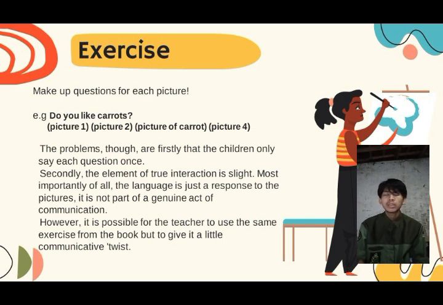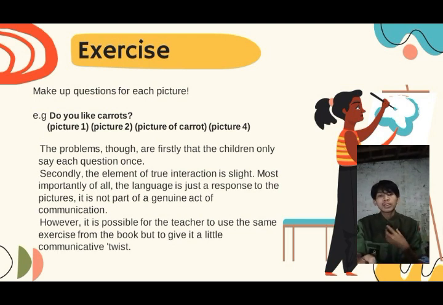However, it is actually possible for the teacher to use the same exercise from the book by giving it a little communicative twist. For example, your student chooses the picture of the carrots, and then asks you a question: do you like carrots?